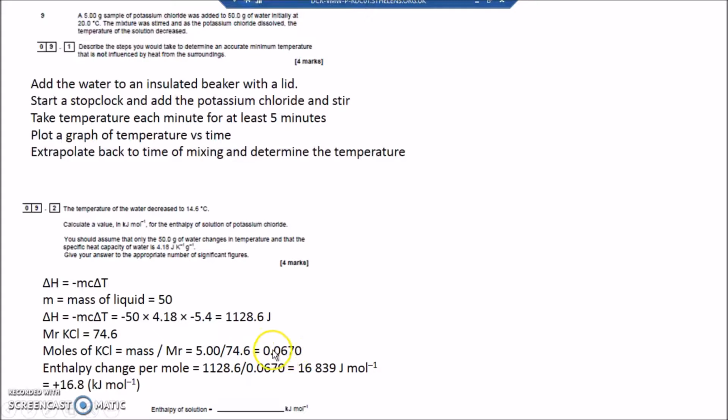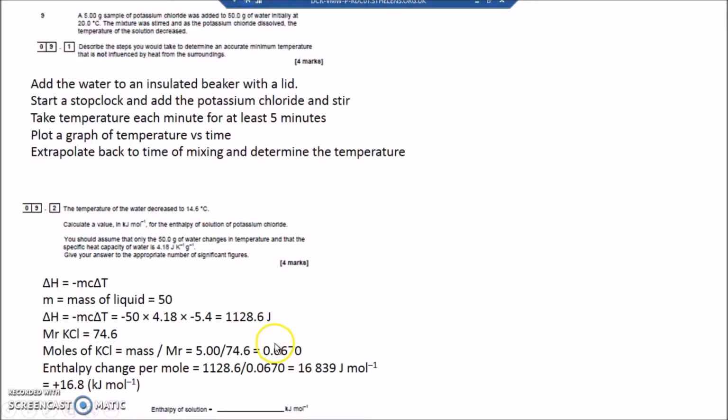I've got a lot less than 1 mole. So this is the amount of energy that's taken in. It's an endothermic reaction, so the energy goes down, and that's a positive value for delta H. That's the amount of energy change when you've added 0.067 moles.